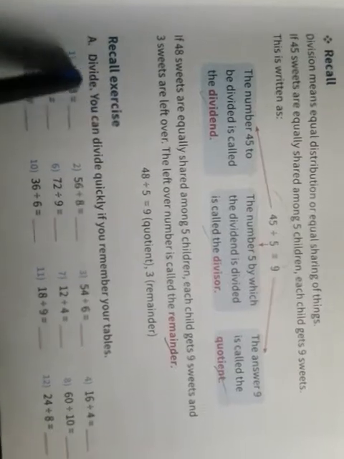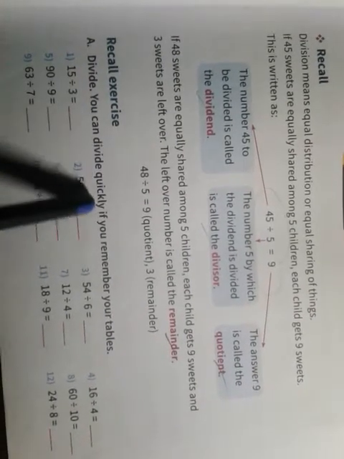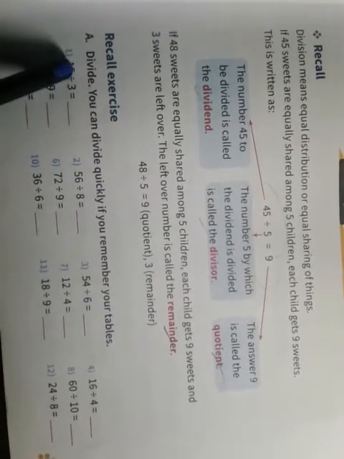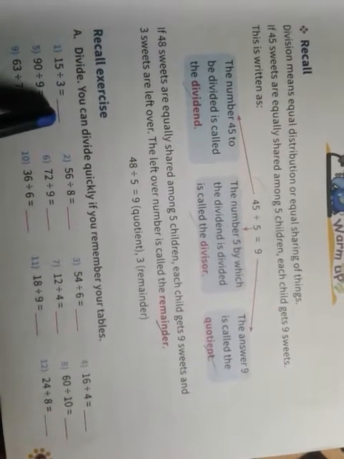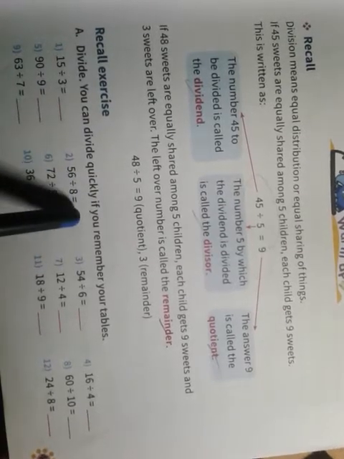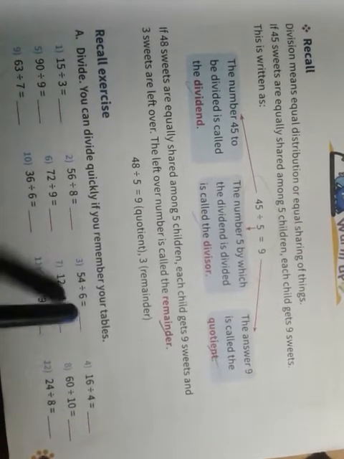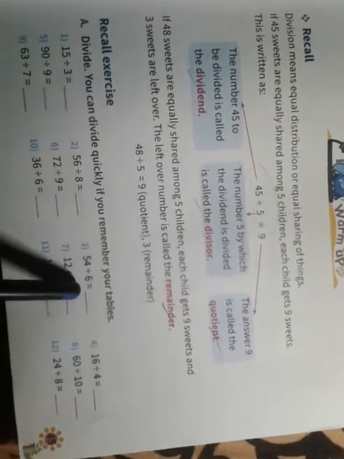Now we do the recall exercise. Divide. You can divide quickly if you remember your tables. We have to divide 15 by 3. What is our answer here? 5. 56 divided by 8, 7. 54 divided by 6. How many times does 54 come in the table of 6?